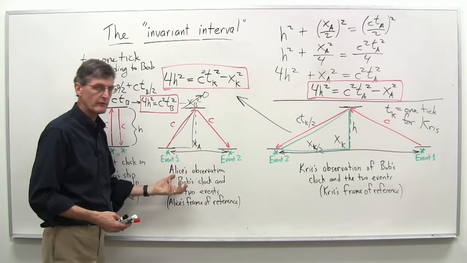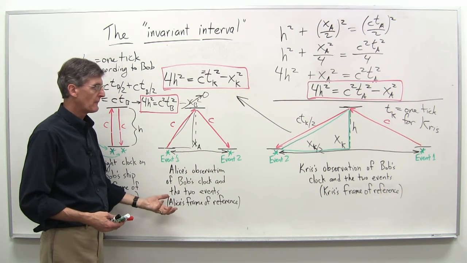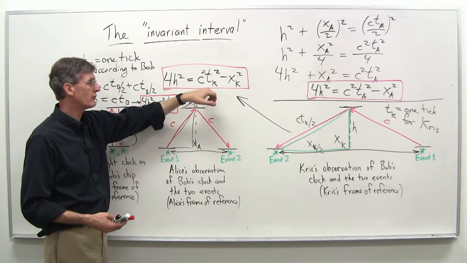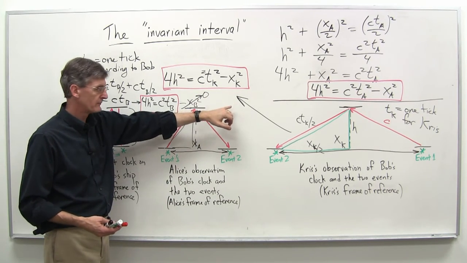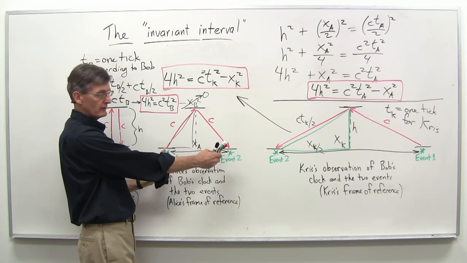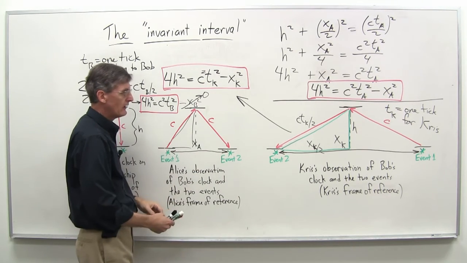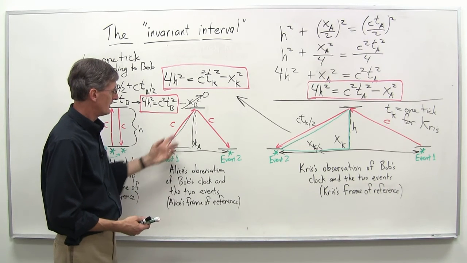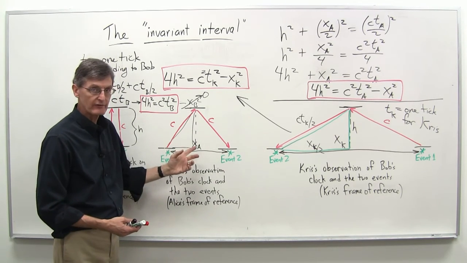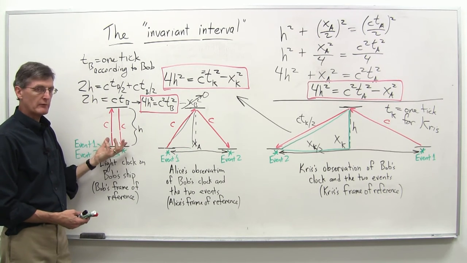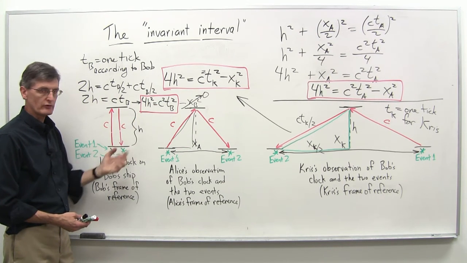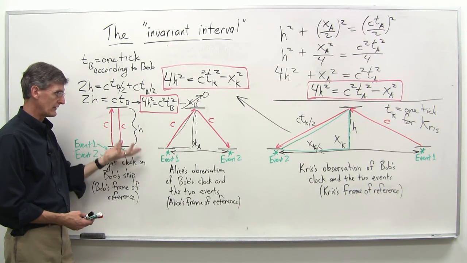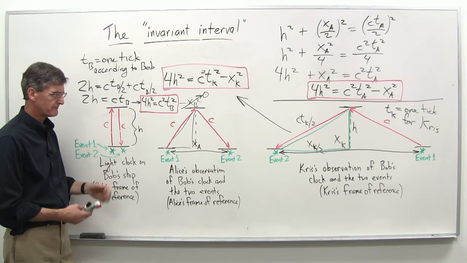Alice is doing the same thing based on her light clock, and they're getting different values for the t and x. Clearly we can see x is different here, xa versus xk, and tk is going to be different as well versus ta, because, again, different times for the ticks here. And then you've got Bob, his tb the shortest of all, and x is 0. In his case, xb equals 0.